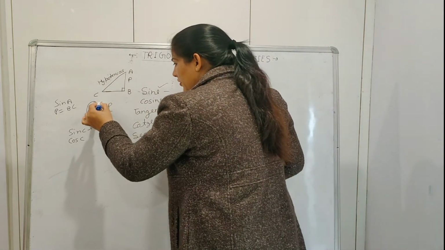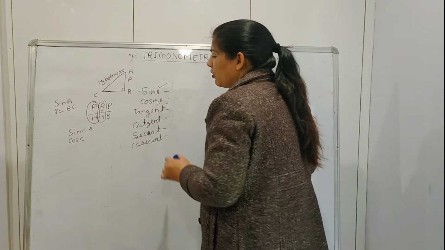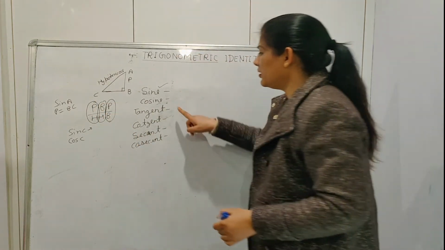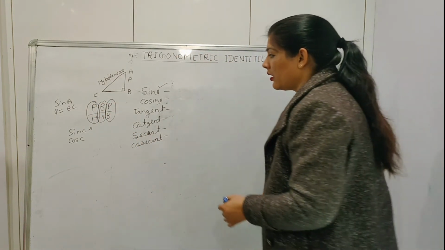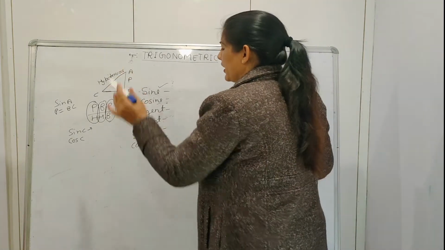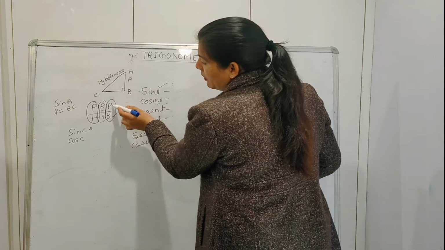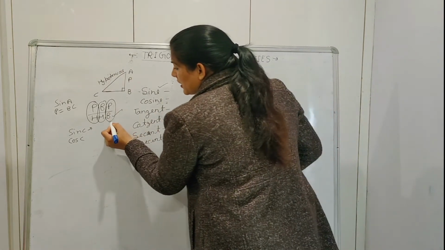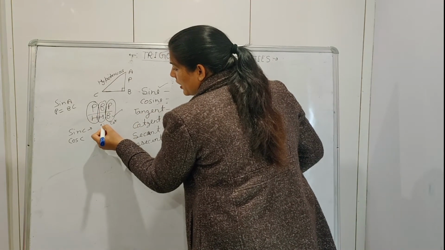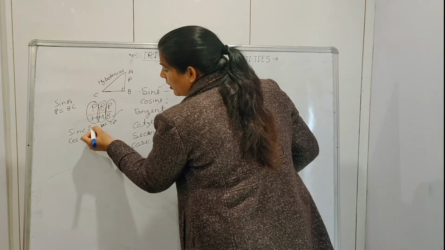The second ratio here, B by H, gives you the second ratio, and P by B is equals to the tangent, or you can say it as tan theta or tan C or tan A, whatever. And the reciprocal, that is B upon P, this will be equals to cot. H upon B will be equals to sec, and H upon P will be equal to cosec.